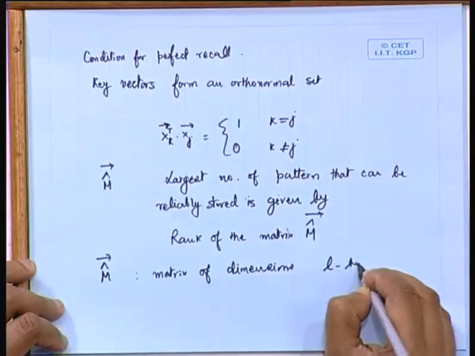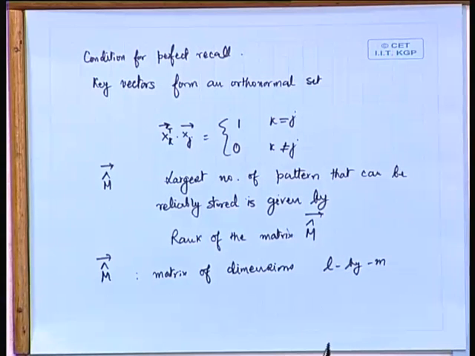Okay. I mean, there is no harm in assuming this to be a rectangular matrix. If we assume it to be a rectangular matrix, then the rank means what? It is defined as the number of independent rows or columns of the matrix, right.